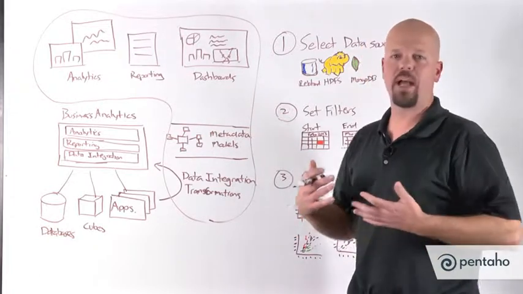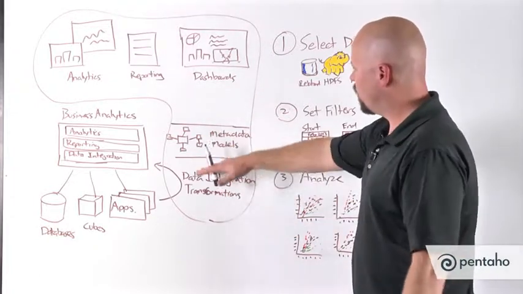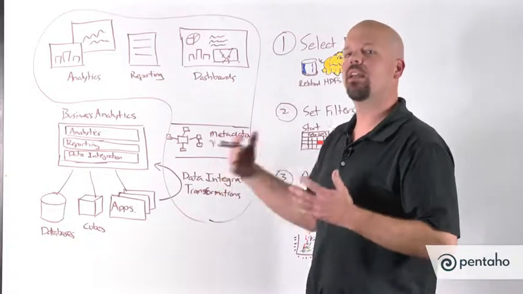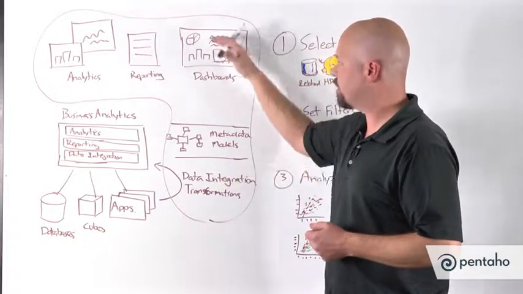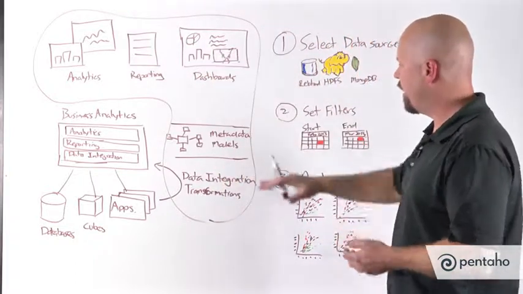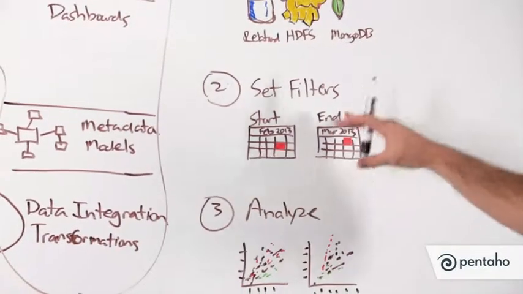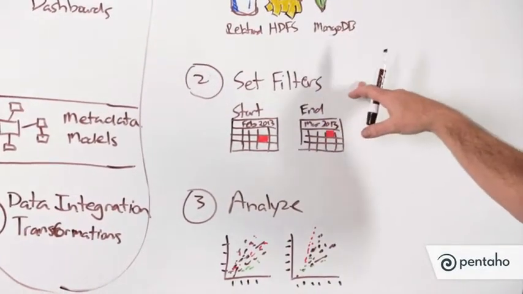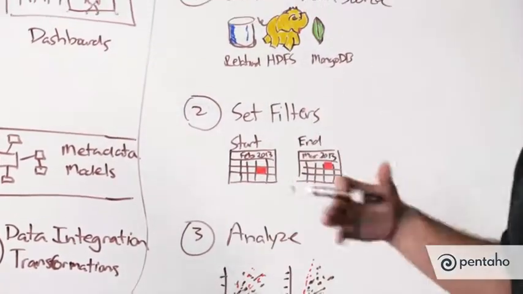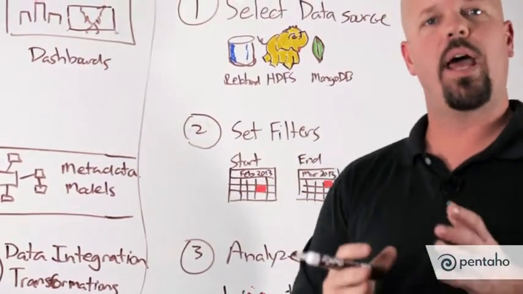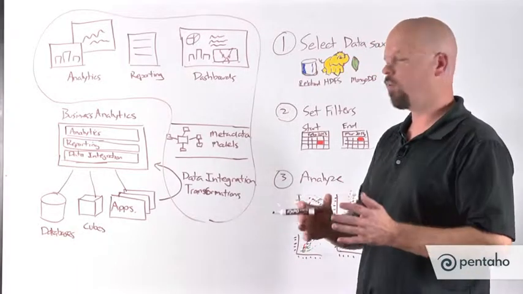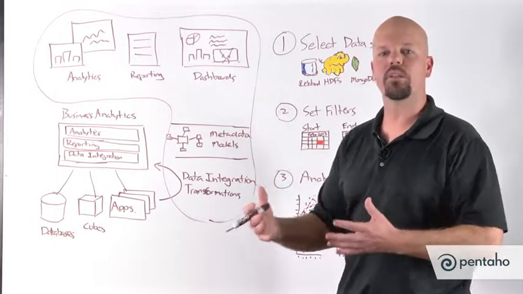Now here's where some of the magic comes in. I mentioned that once you've pointed at data, what really gives you that ease of use in terms of end user access and data discovery type use cases is this metadata model. So what Instaview will do at this point, after we've pointed to our data and set our filter ranges, is automatically look at the data coming in and generate these semantic models based on what it discovers.